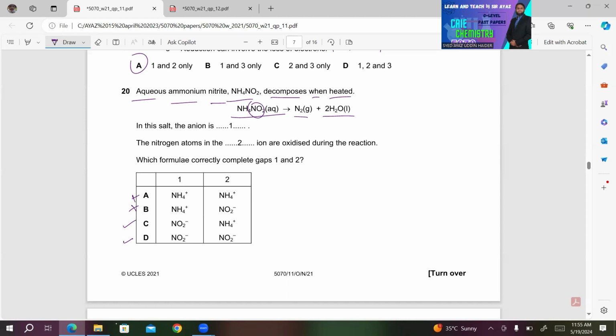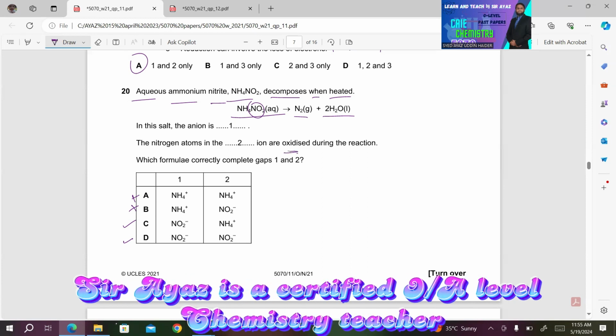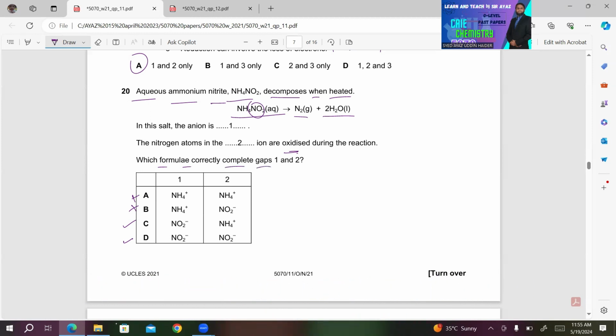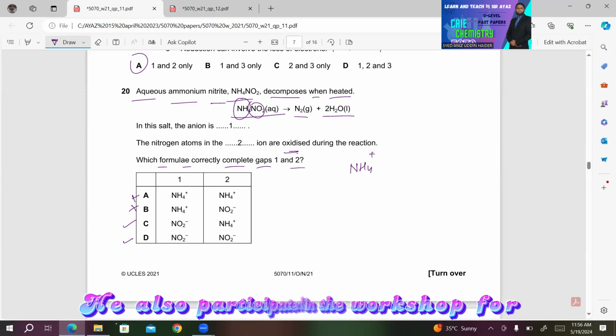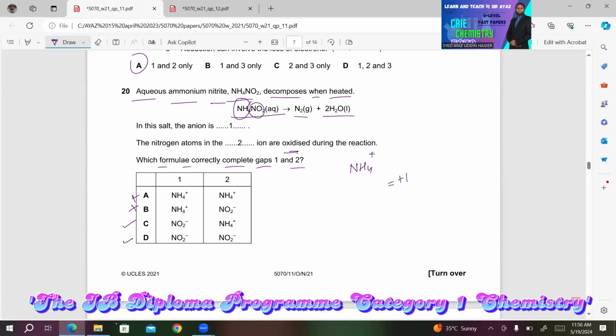The nitrogen in the two ions is oxidized during the reaction. Which formula correctly completes gaps 1 and 2? You should know the charges on nitrogen in case of NH4 as well as in NO2. So for NH4, it's carrying plus charge. Overall charge is +1. What is the charge on nitrogen?